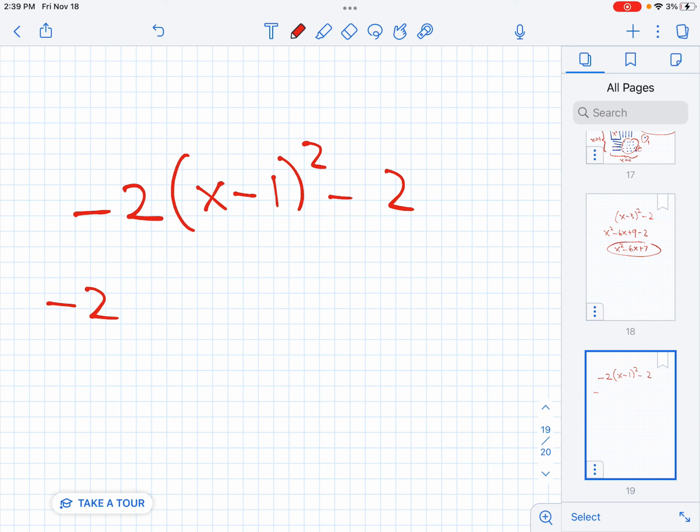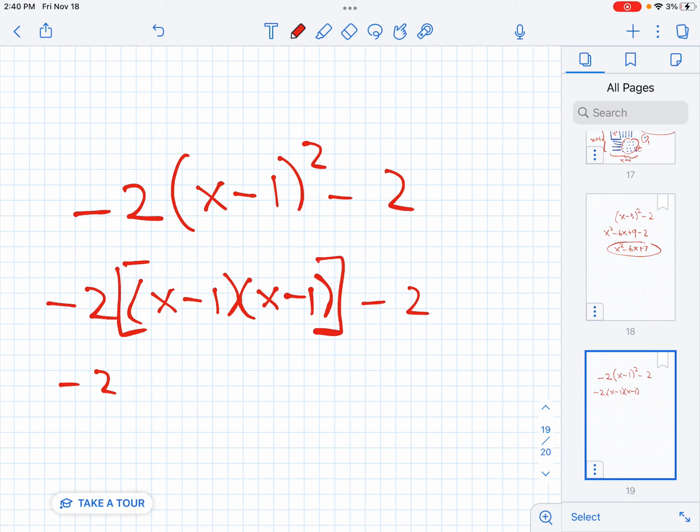The reason why is because this is -2 times x minus 1, x minus 1. So the -2 could only hit one of those things. If I distributed it in at first, it would be doubling itself up. So just remember, ignore the -2 for a while, just leave it on the outside, and then we'll deal with it here in a second. But first, let's work on that stuff inside there first.